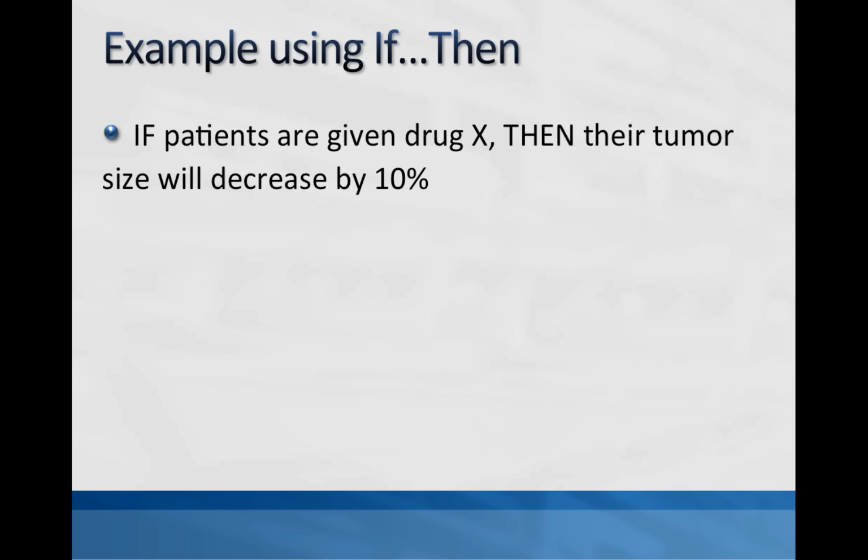So if the tumor was 10 centimeters big, it's going to lose a centimeter in size. So they measure the tumor and they say, okay, I'm going to give this patient this drug, and I expect to see their tumor decrease in size by a certain amount. Very specific, very testable. You know exactly how the research is going to be started.